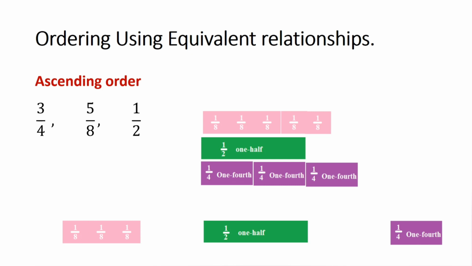To write this, therefore, in ascending order, it would be a half, followed by 5/8, followed by 3/4. Remember, writing any number, whether it be a fraction or whole number, in ascending order means you are going to start from the smallest and proceed to the largest.